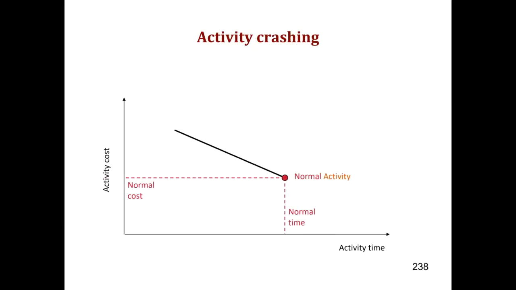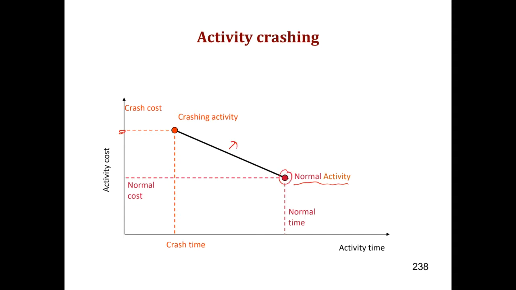Right. So a few terminologies that we have to get ourselves acquainted with. Firstly, this is called the normal activity or normal time. In this previous example, the normal time was 10 days, and then we have this cost on the y-axis, which is referred to as a crash cost. And this is the slope.